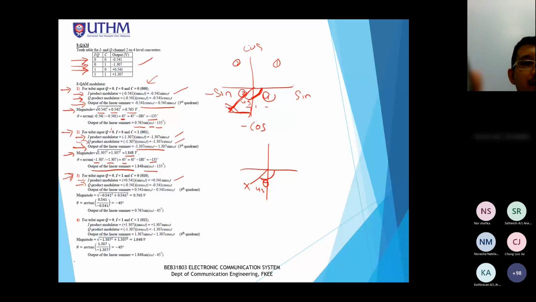So the I channel is positive 0.541 and the Q channel produces minus 0.541.